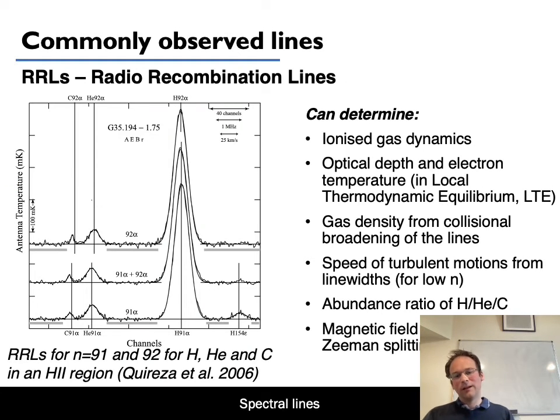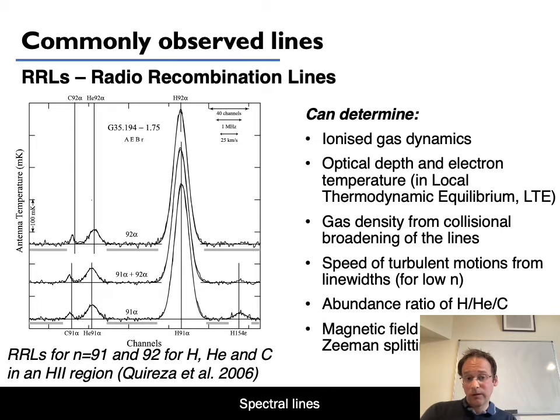Another important line at radio wavelengths are radio recombination lines, particularly from hydrogen, helium, and carbon. Now, rather than tracing the neutral gas, this is more focused on the ionized gas and its dynamics. It tells you a lot about the physical properties, such as the electron temperature and density, and it also tells you about things such as the abundance ratio of those elements in the gas.